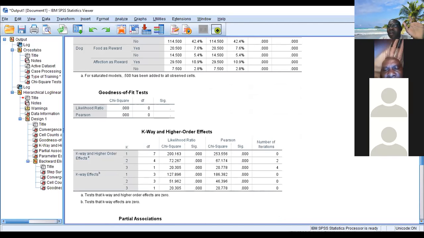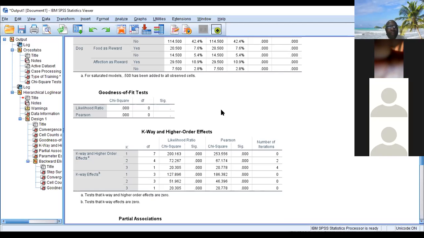If this model is different from saturated, it will give you a higher value of chi-square, even to the extent that it may be significant. But here it's giving you a chi-square of 0. It tells you that you cannot even calculate it; there is no difference. It's a perfect model. Everything fits into it. You understand me now?